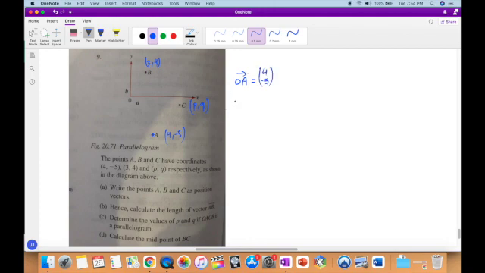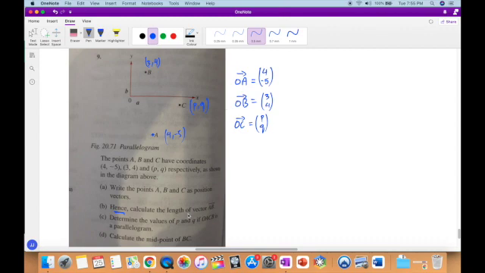OB, remember the position vectors, so you're thinking origin, you're thinking O, right? So OB is (3, 4). And then OC is (p, q). Next, so I have my three position vectors here.